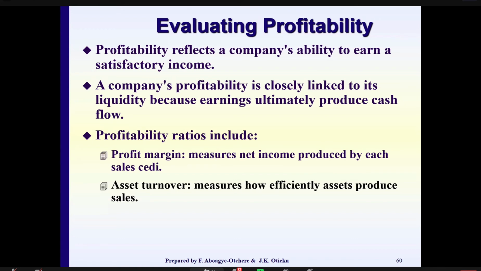So here, if any activity has the potential of increasing revenue, then it will come into the measure. Or if any activity has the potential of reducing expenses or costs, it comes into the measure. But let me explain to you that all things being equal, profitable firms are also liquid.